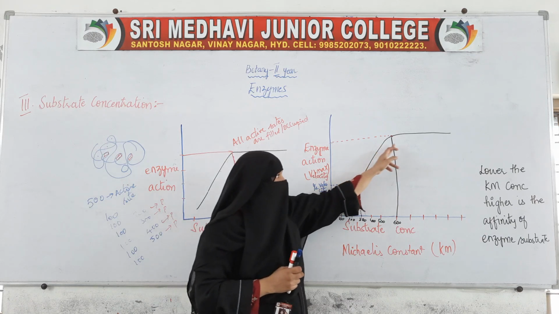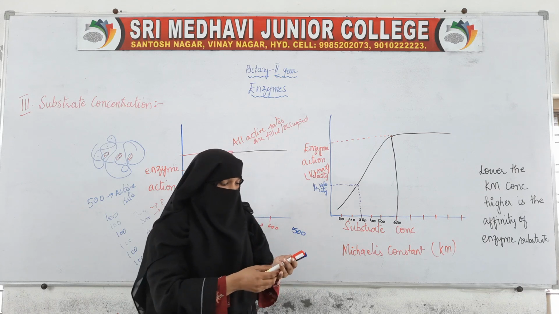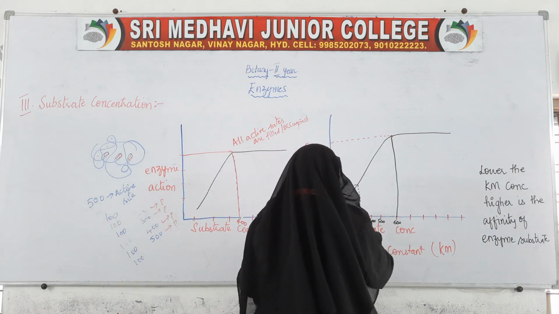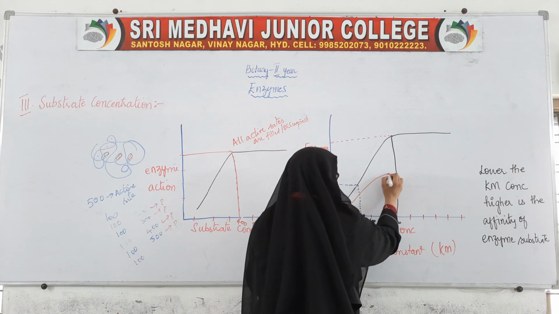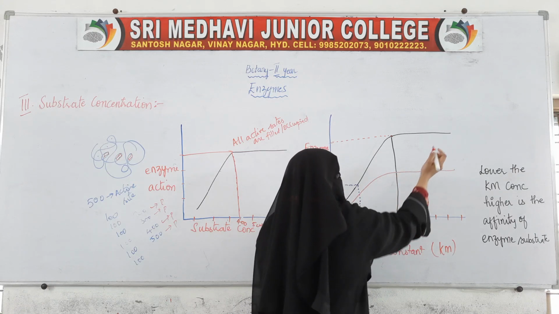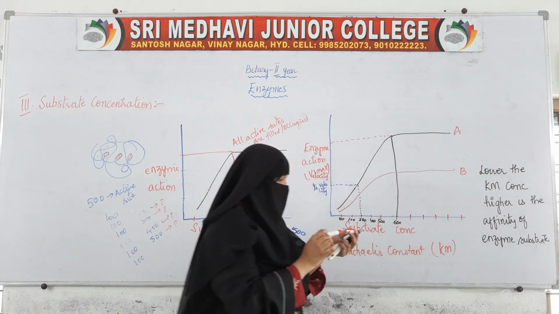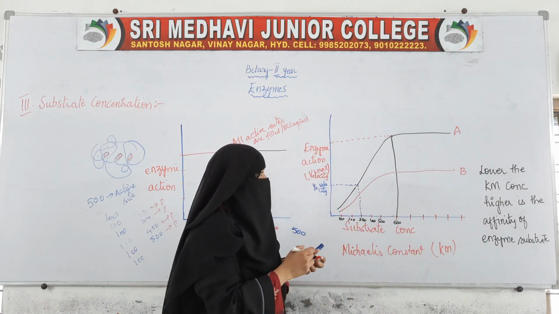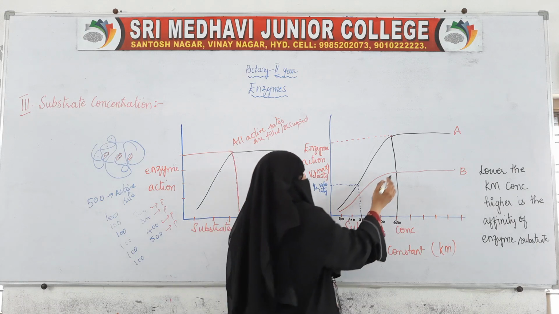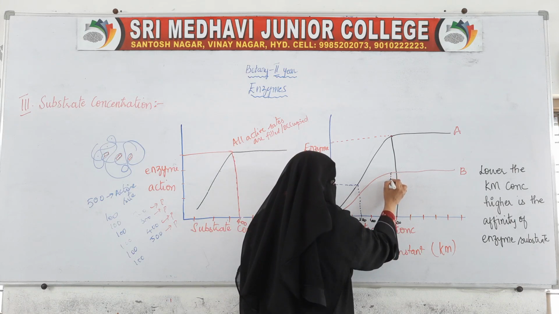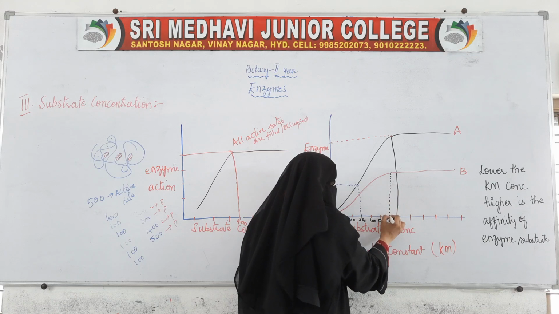So if this is for enzyme A, suppose we take another enzyme. Now this is enzyme A, this is enzyme B. Now where is it showing the maximum productivity? At this point it is showing the maximum productivity.